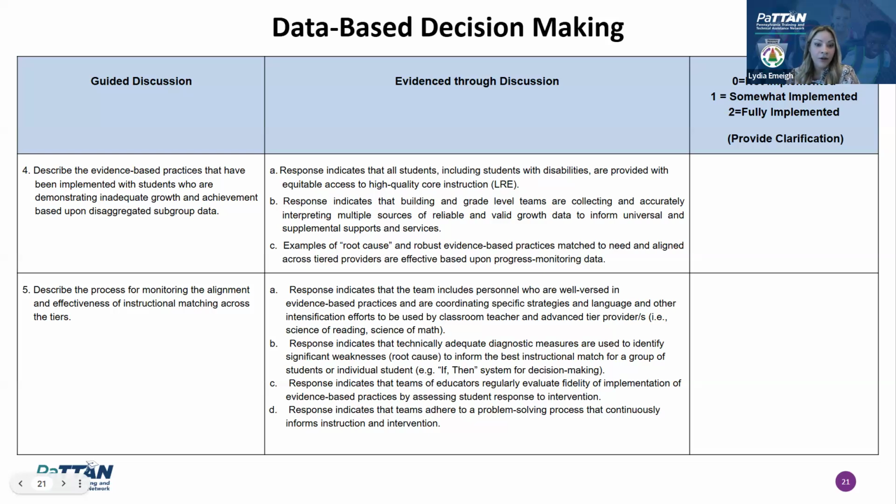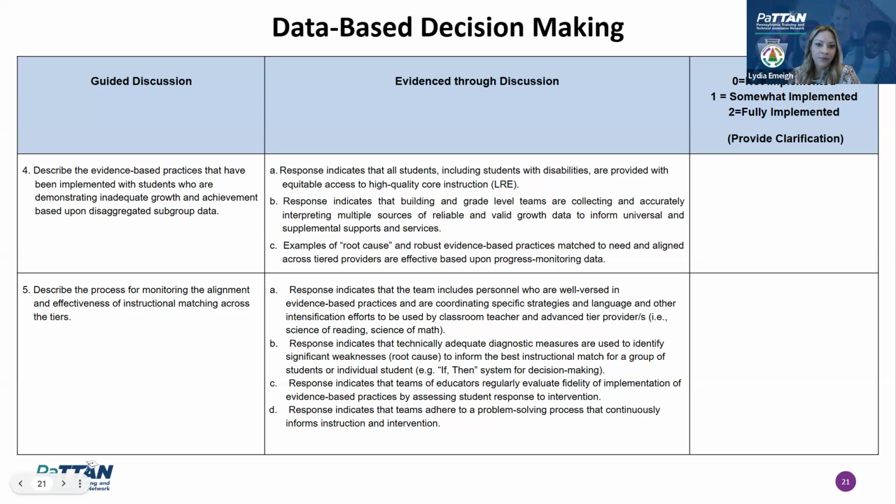They will want to provide confirmation that teams gather and interpret reliable growth data to guide the support being offered and demonstrate that root causes have been matched with effective evidence-based practices. Efficacy of these practices should be supported through progress monitoring data.